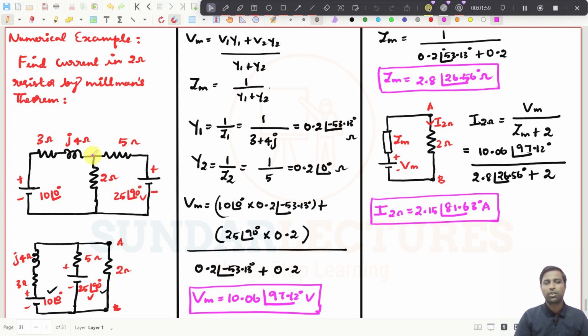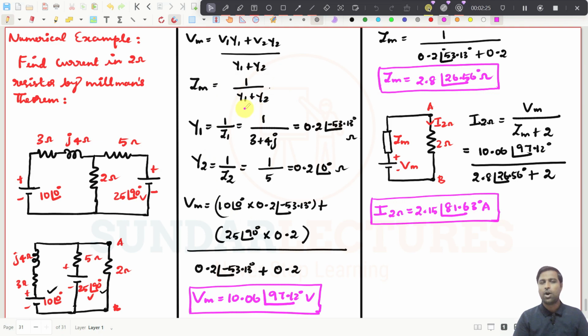So you don't need to consider this as a node and find what is V1 here, and V1 divided by this resistance will give you current, or the loop current method where you have to consider I1, I2 and find I1 and I2, and this will be I1 minus I2, and so many procedures are available and we have seen all those procedures in our previous lectures. Anyhow, Millman's theorem can be applied to these kinds of problems, and it will be very simple, right?